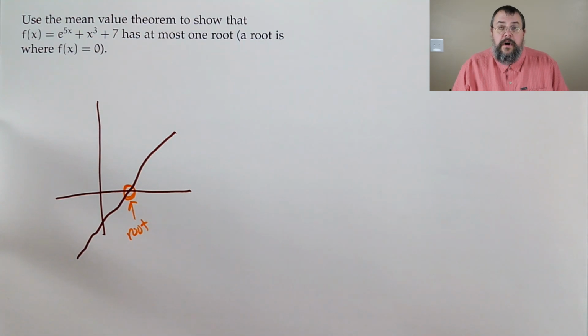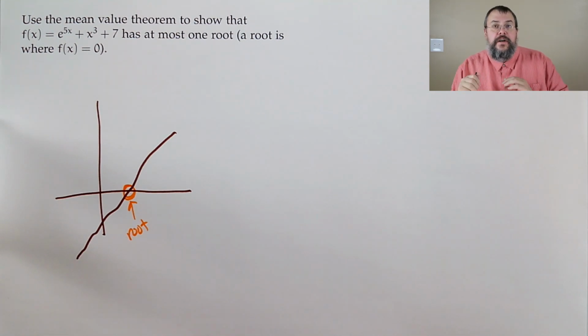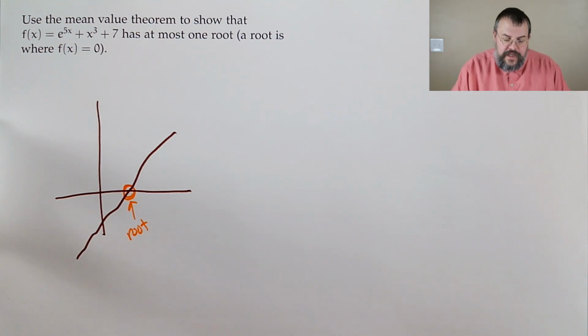We want to say it has at most 1. So, what are the possibilities? Well, it has at most 1, or it doesn't have at most 1. Okay, that's good. One of those two things has to be true. So what we can do is to say, to show it has at most 1, let's show it can't have 2. All right, so suppose it had 2.